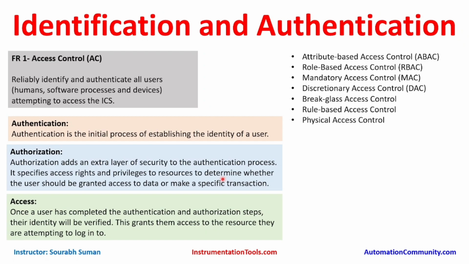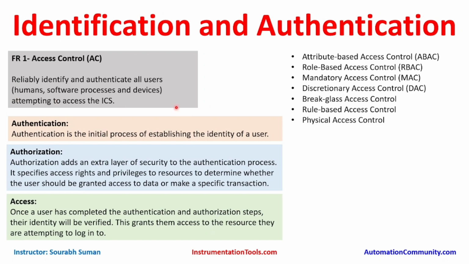Or even a piece of software that needs to be identified for accessing some process, or needs to authenticate if the software already has a username, with something that it has. The official definition is to reliably identify and authenticate all users. Users could be humans, software, processes and devices attempting to access the ICS.